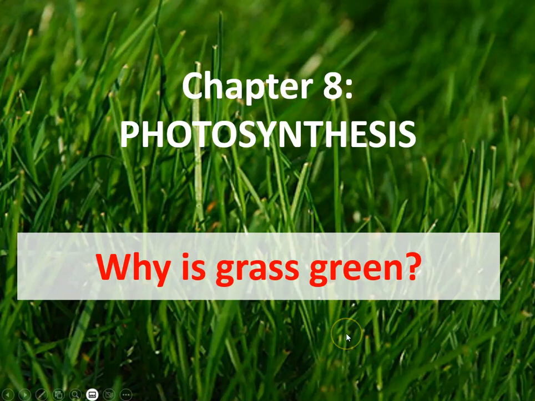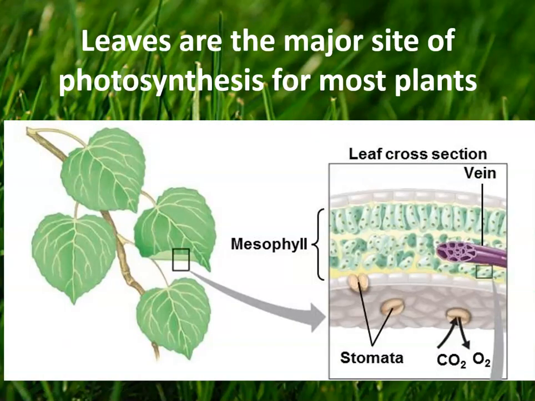Now, while we're still talking about grass, grass is a leaf, and it's on the leaves where the majority of a plant's photosynthesis takes place. Here's a more traditional leaf shown on the left. If we could cut into that leaf and look at a cross section, you would see different types of cells.